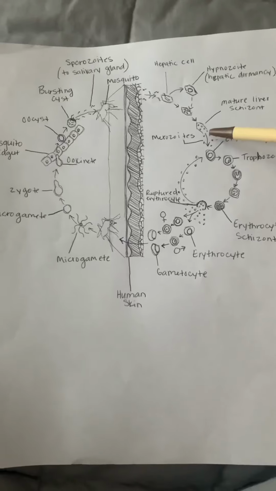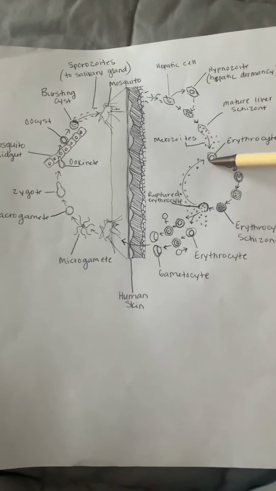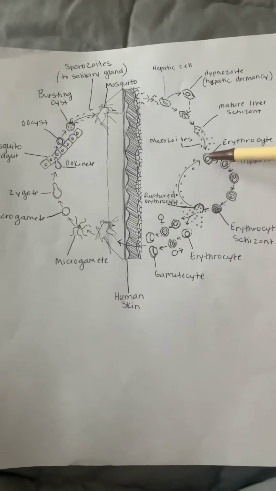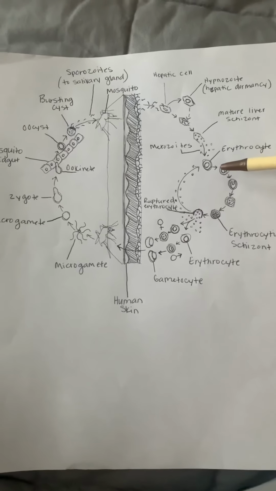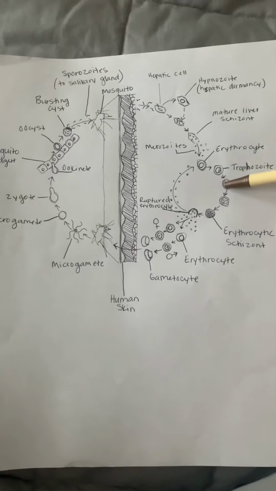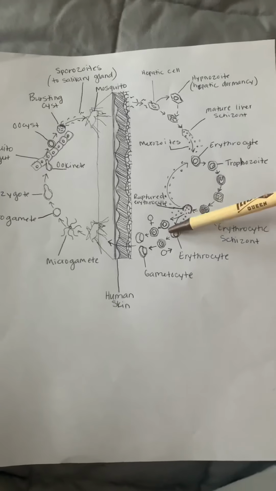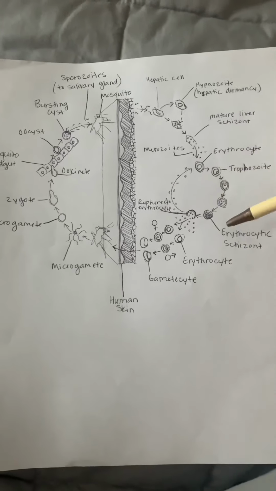So then, these merozoites infect red blood cells. And there, the parasite multiplies asexually in an erythrocytic cycle. The merozoites develop into ring-stage trophozoites, and some mature into schizonts, which rupture and release more merozoites, and that cycle continues.